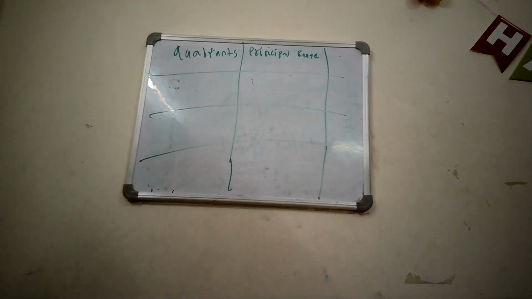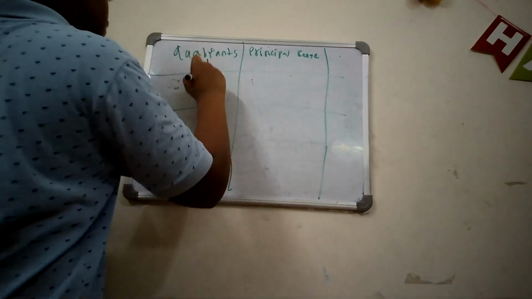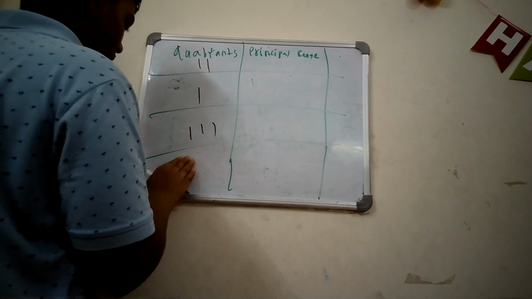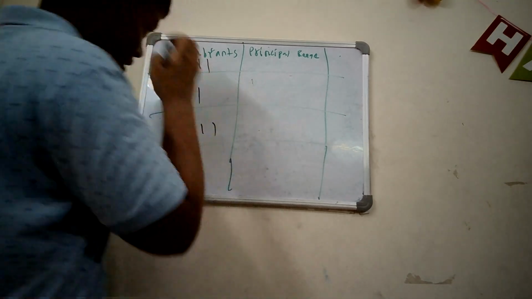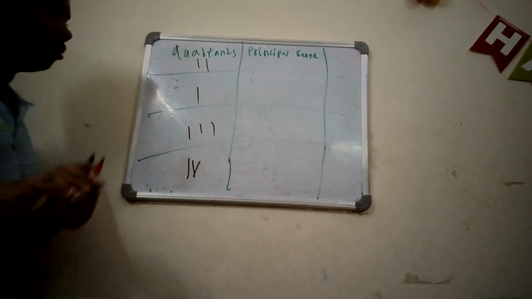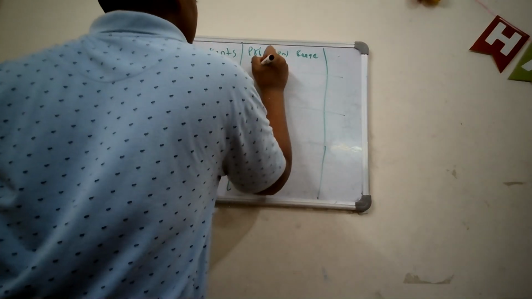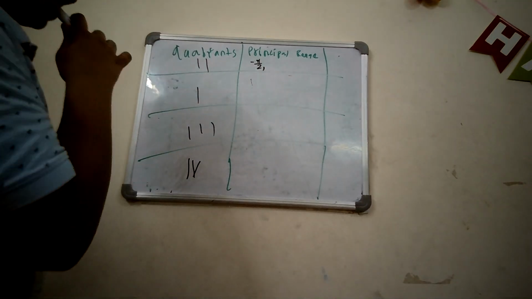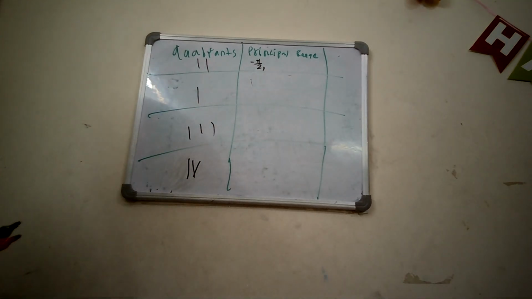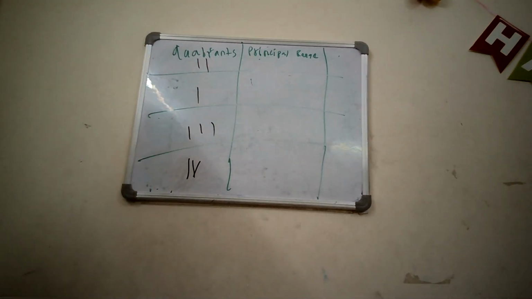Now for quadrants 2, 1, 3, 4, we're going to put the principal range here. What is it? Negative pi upon 2.